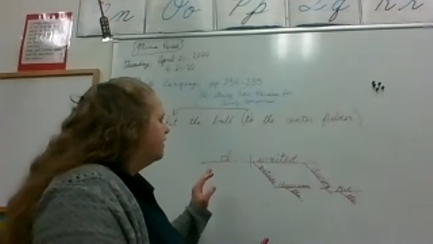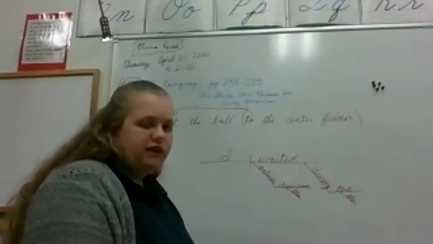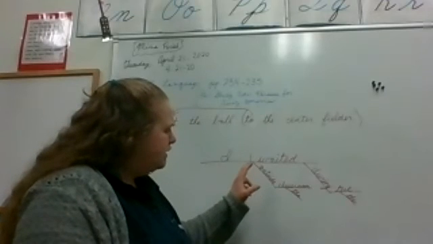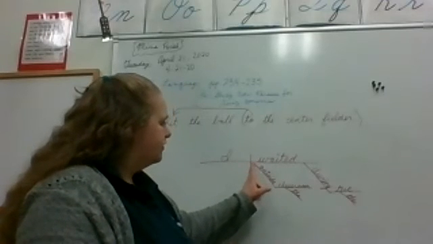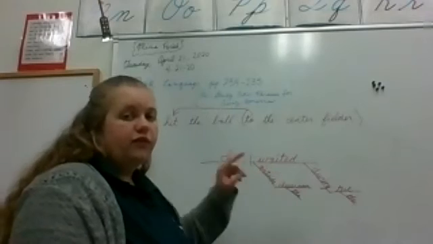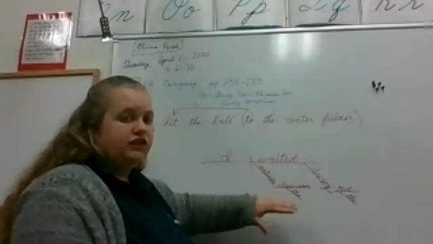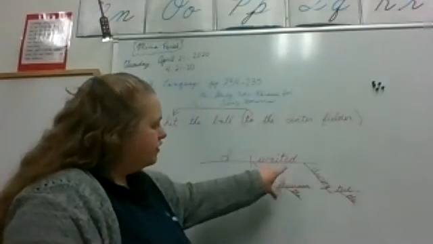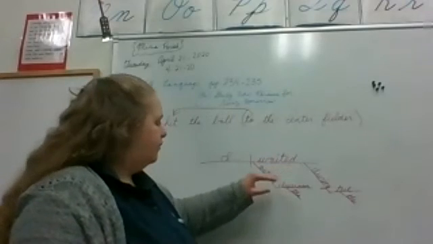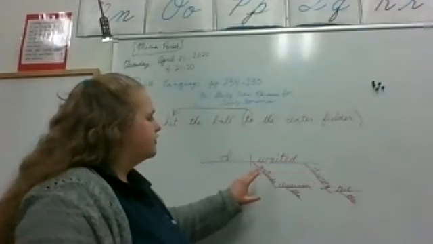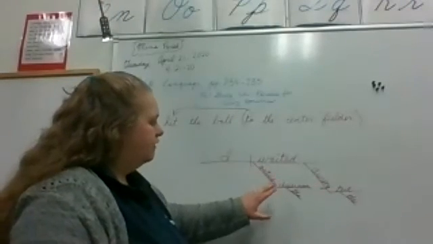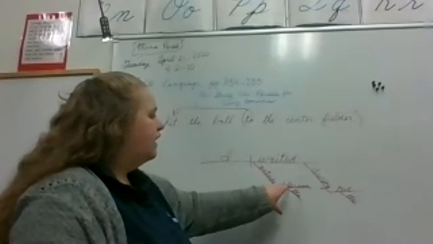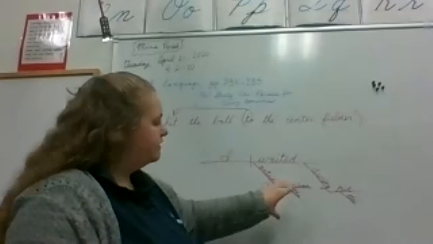I understand that some of this can be a little tricky, but when we diagram, we want to make sure that we do the slanted line underneath the word that it modifies, that it describes. And since both of these went under waited, we do it like this. And so then outside is our preposition. Classroom is the object of the preposition.